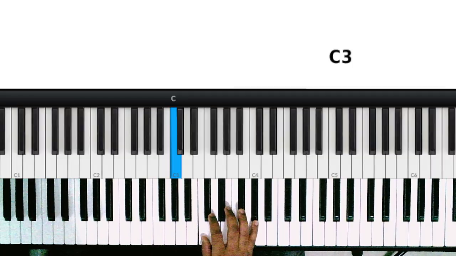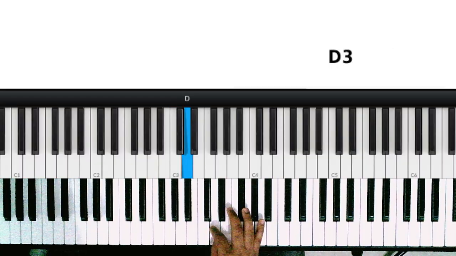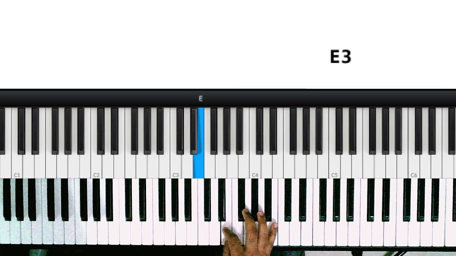Then our 5, what do we have? D. Our 6, who can guess? E. Then our 7, you can guess, F sharp.